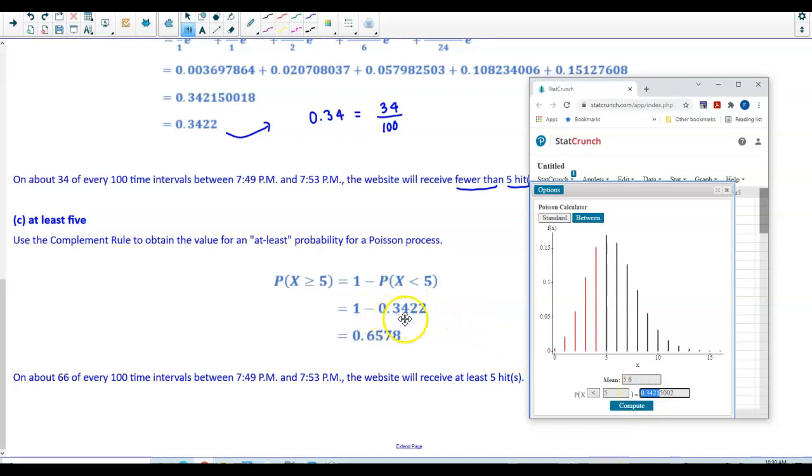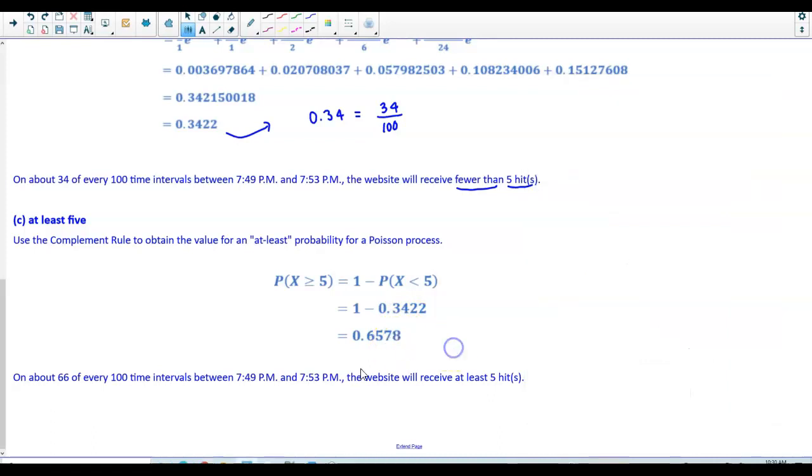So 1 minus 0.3422 would give us the same probability. Now we can say that if we round this to 2 decimal places, this would be 0.66, which is 66 over 100. So we would say that on about 66 of every 100 time intervals between 7:49 p.m. and 7:53 p.m., the website will receive at least 5 hits.